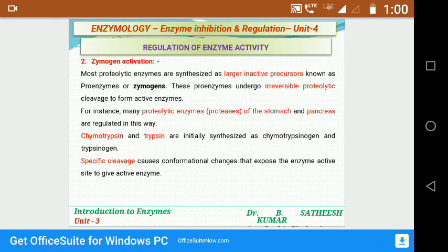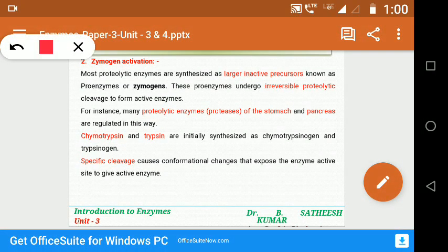Say, for example, trypsin. Trypsin is synthesized by the pancreas, and that trypsin enters the duodenum, where it attacks the proteins, the polypeptide chains in the food or ingested material.